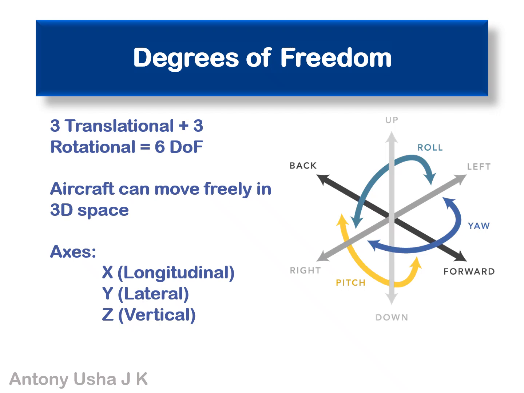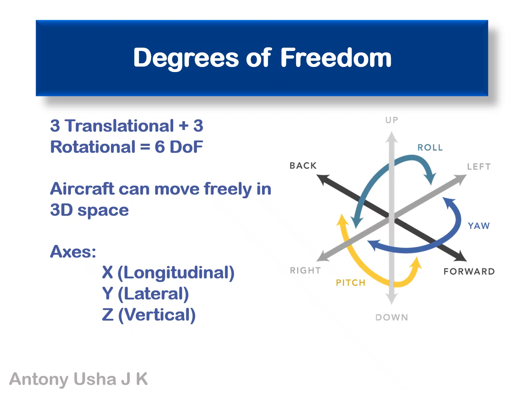There are three axes shown in the slide: the x-axis, that is longitudinal, the y-axis, which is lateral, and the z-axis, which is vertical. In aviation, an aircraft moves in three main rotational axes, which are pitch, roll and yaw.